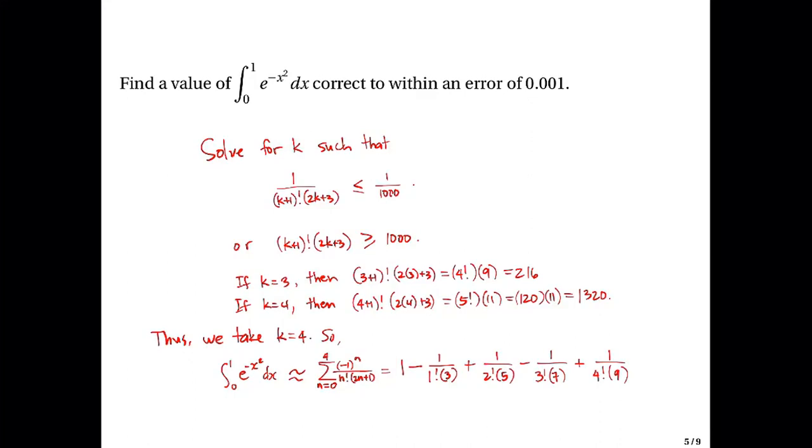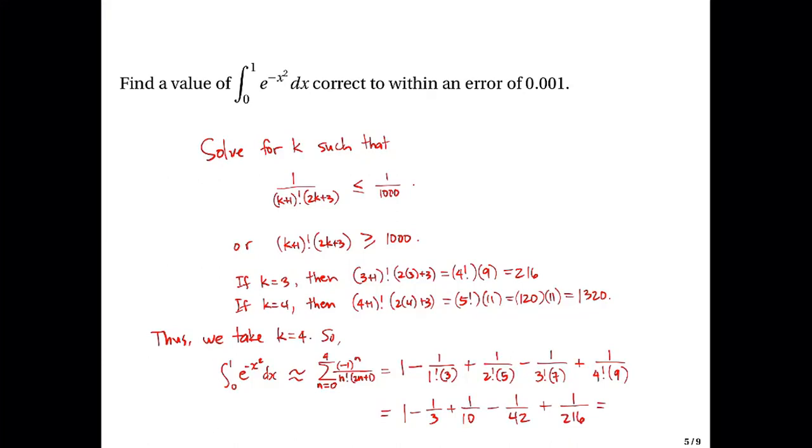So if we calculate this, what do we get? You have 1 minus 1/3 plus 1 over 10, minus 3 times 2, that's 6, times 7, 1 over 42, plus 4 factorial times 9, so that's 216, 1 over 216.